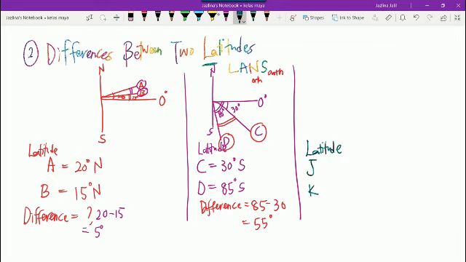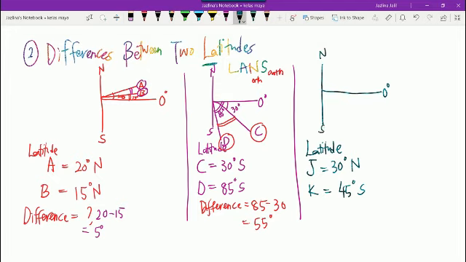Okay, and the last one, it might be latitude of J and K, which J is 30 degree north, and another one 45 degrees south. Okay, so how are you going to remember the difference? Remember how you're going to do it? Yeah, T terbalik, 0 degree, the equator, the north and the south.